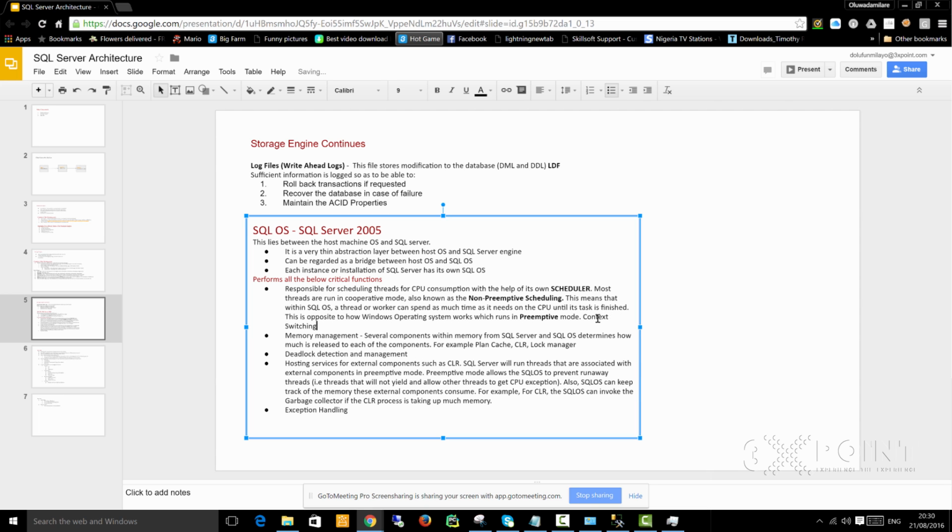What we mean by context switching is that if a work is going on in SQL Server on a CPU, for example, and the operating system thinks it is better for another work which has higher priority to run, it stops the current work and then gives the CPU to the other one that it thinks needs it more urgently.